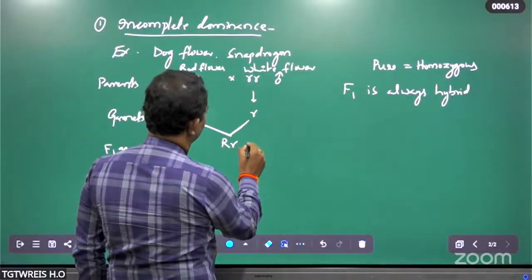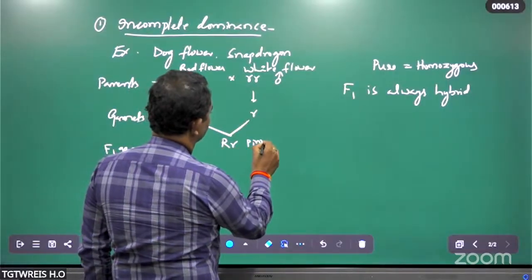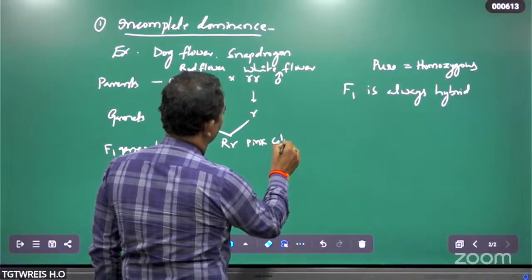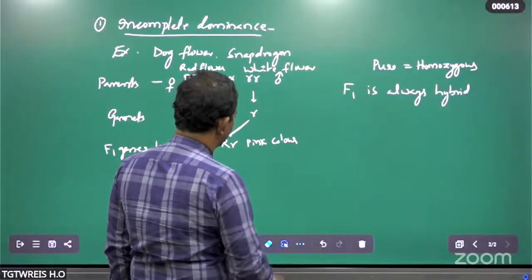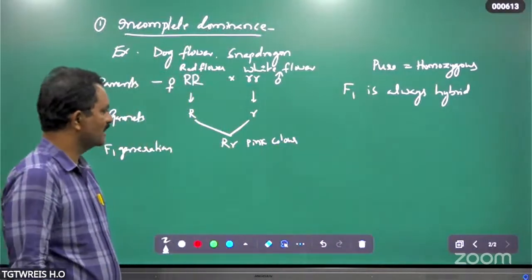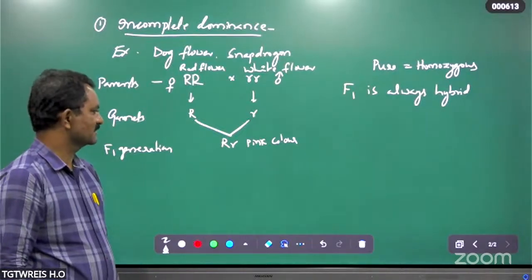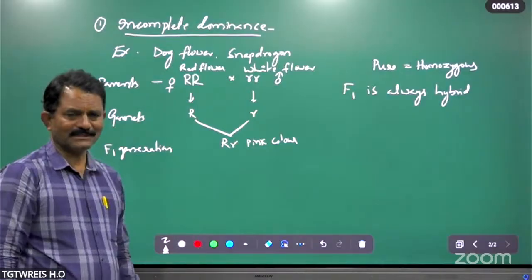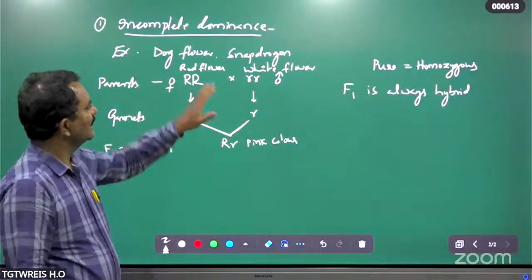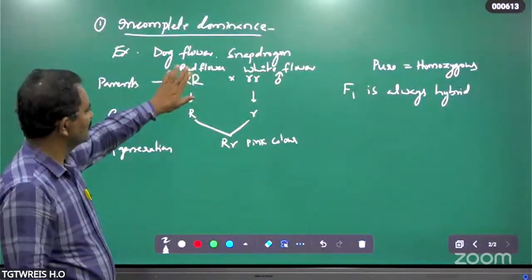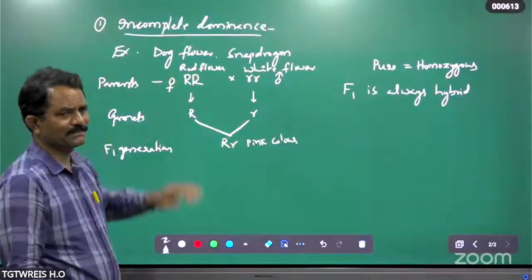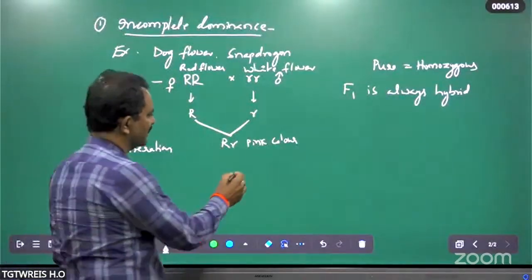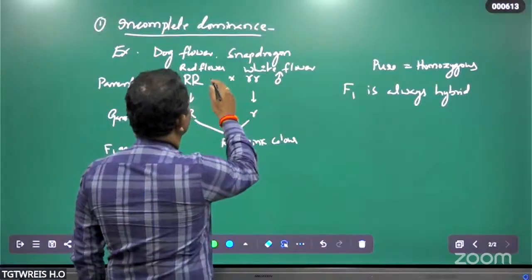The plant has pink color flowers. So F1 had a phenotype that does not resemble either the male parent or the female parent. Pink is not present in the parents.